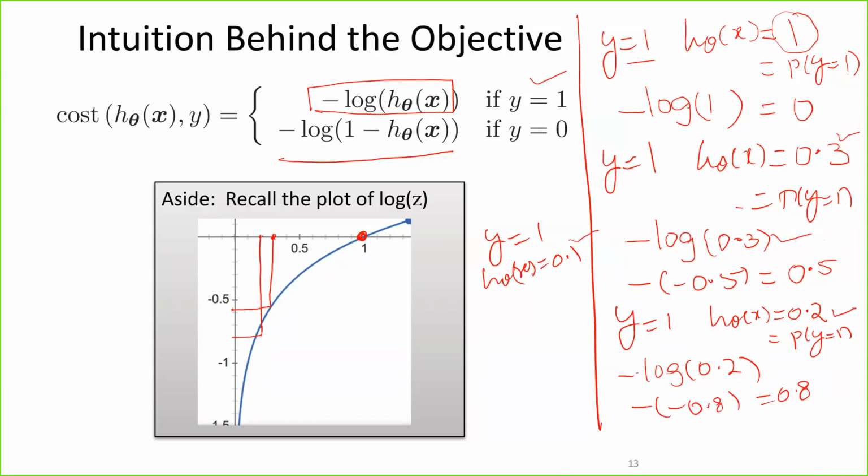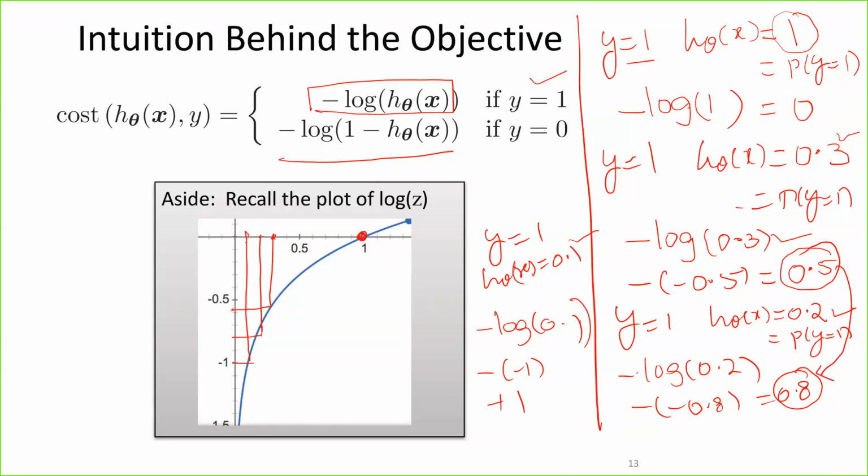It is deviating even more, so it has to add even more penalty. So minus log 0.1, which would be around minus 1. So minus of minus 1 is plus 1. See that as the prediction deviates more from the actual value, you are adding more penalty to the cost function. The penalty is increasing as the prediction deviates more from the actual value.